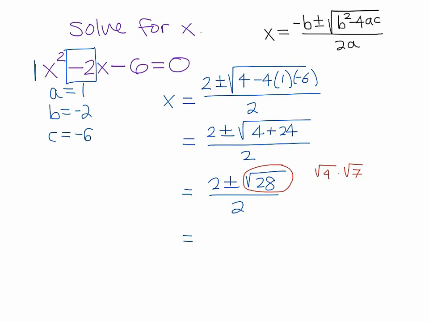So that comes out as 2 root 7. So we have 2 plus or minus 2 square root of 7 all over 2. Simplify. 1 plus or minus the square root of 7 would be the answer to this question.